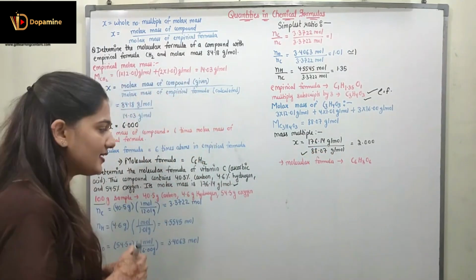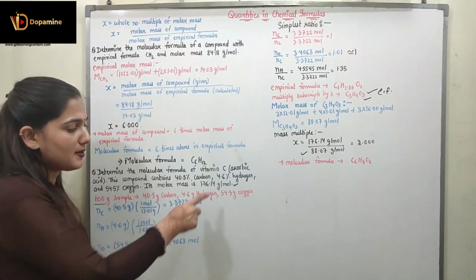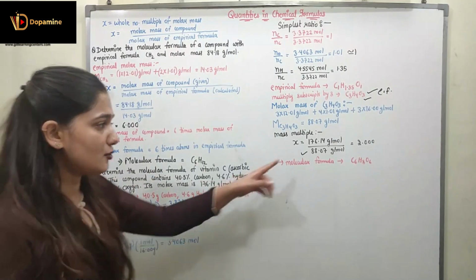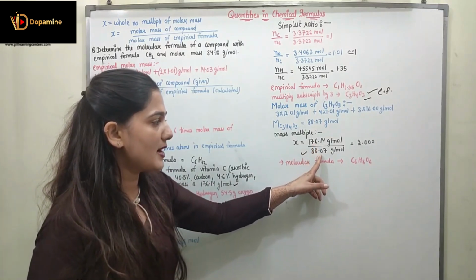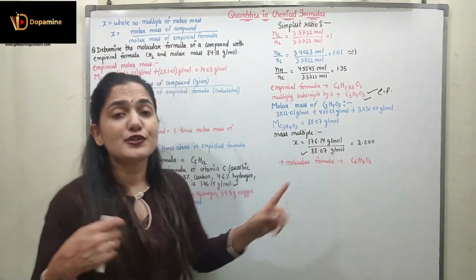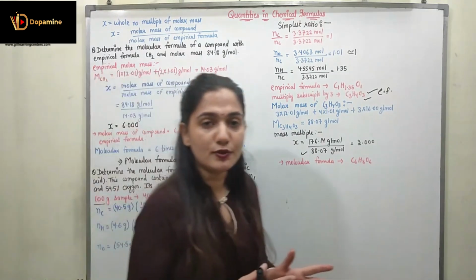If I have a 100 gram sample, 200 gram sample, or 300 gram sample, the molar mass would be the same. So the given molar mass divided by the empirical formula mass gives me the factor 2. So now again we have to multiply the subscripts by 2.